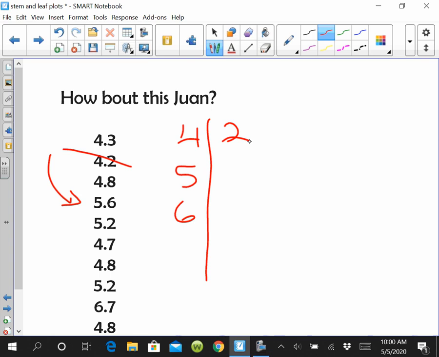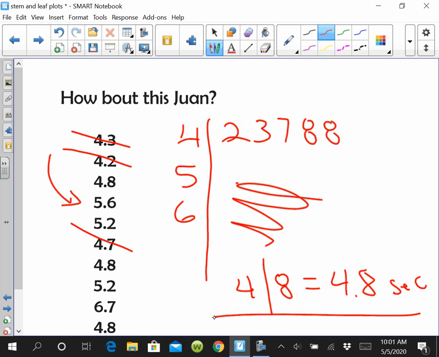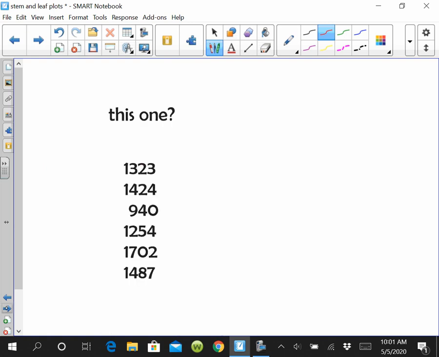And I have a 4.3 and a 4.7 and a couple of 4.8s at 4. And then you could finish the stem and leaf plot. But then in my key, I'd say, hey, a stem of 4 and a leaf of 8 represents 4.8 seconds. And now I know what all the data would look like.